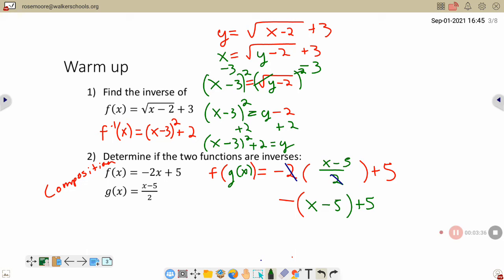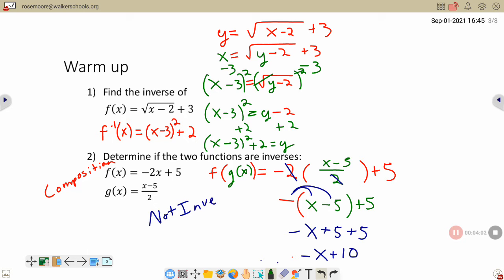Order of operations dictates that I distribute, so negative x plus 5 plus 5. Does something cancel out? No. I get negative x plus 10. Did anything cancel out there? No canceling. They are not inverses.